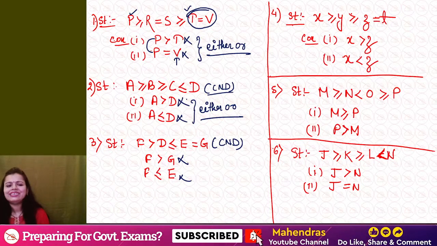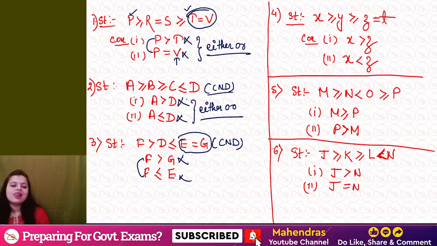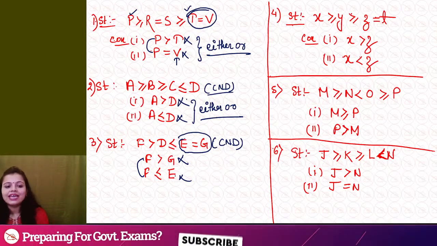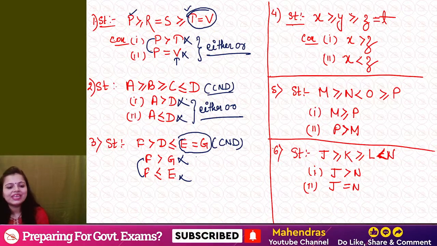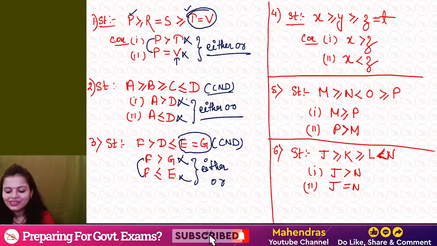Yes. Again, see, F and F same. But G and E? G and E are equal. So that means elements are same. All the three signs are present. Greater, less, equal. Yes, all the three signs are present. So answer is either or.